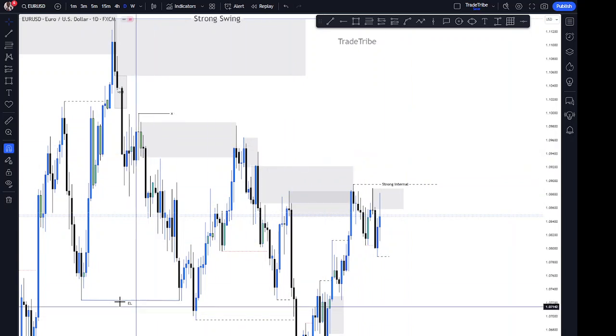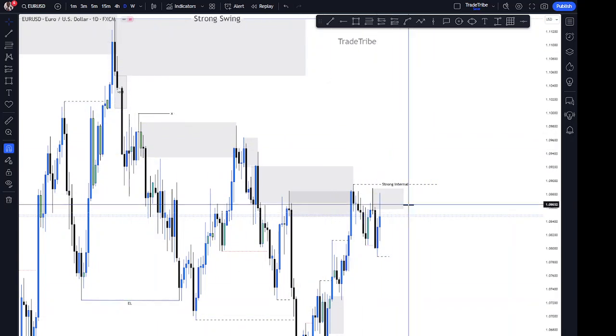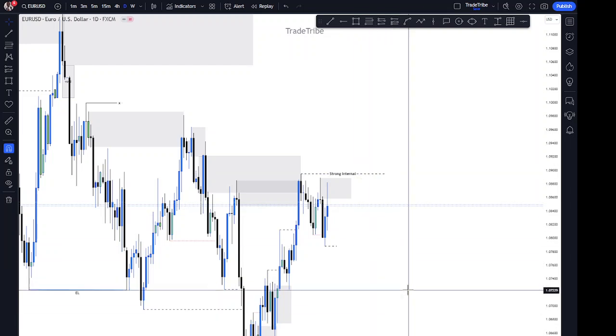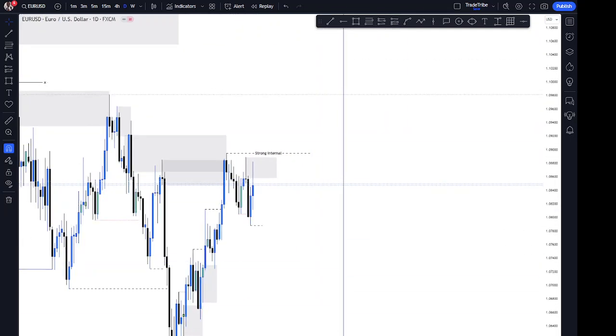Once we have marked our swings, strong internal and weak internal, we can look forward to trading the range between the strong internal and the weak internal, which is this range here. Mark it.